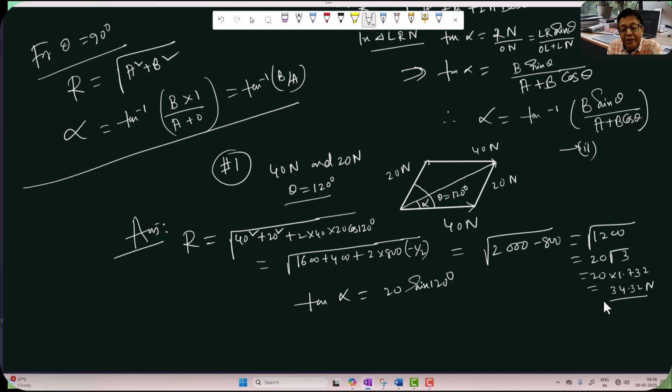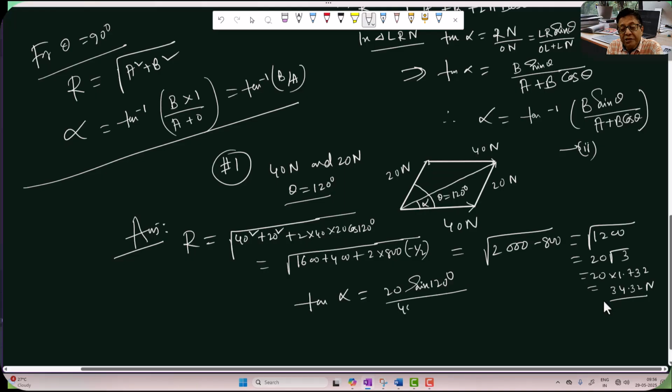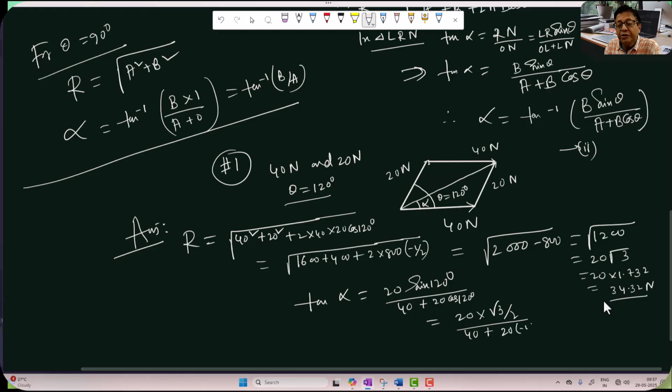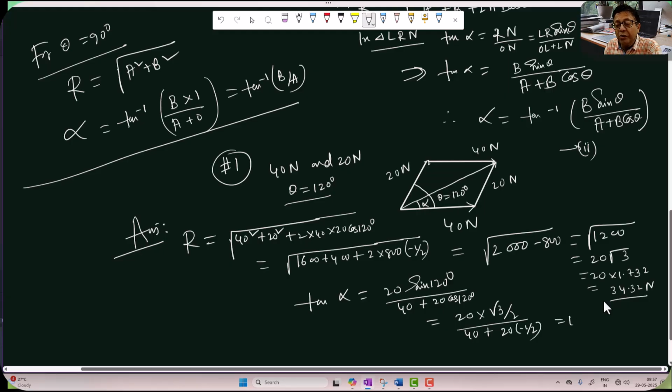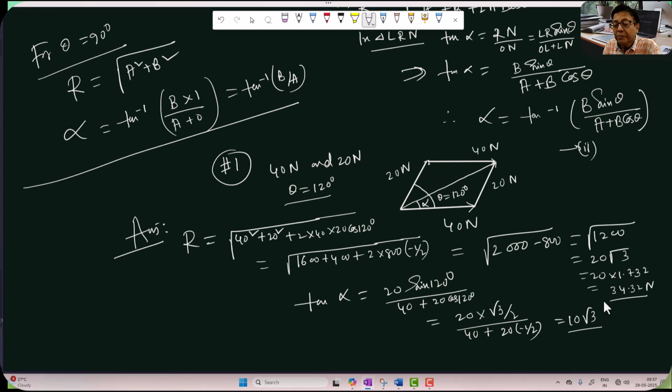And what is the angle here? Tan alpha will be 20 sin 120, that divided by 40 plus 20 cos 120. 20 into root 3 by 2, and this is 40 plus 20 cos 120, 20 into minus half.